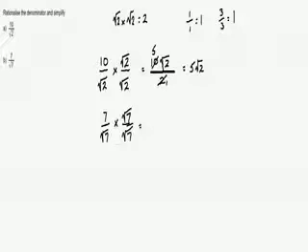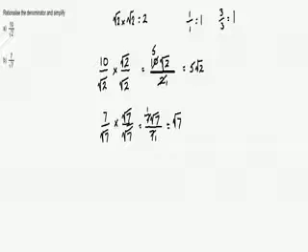And root 7 times root 7 is 7, and 7 times root 7 is 7 root 7. And I know I can't touch what's inside the root, but here the 7s both cancel. So I'm left with 1 root 7, or just root 7.